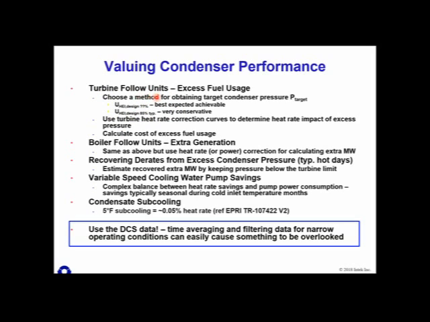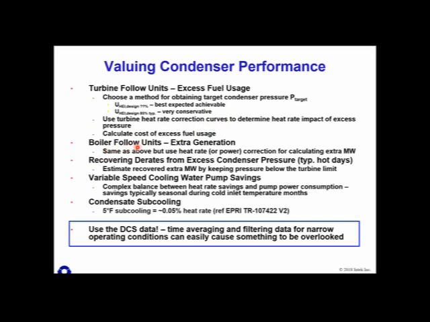When that pressure is high, you're just spending more dollars on coal or natural gas or whatever it may be. So the value is the excess fuel usage if you reduce condenser pressure down to your target value.